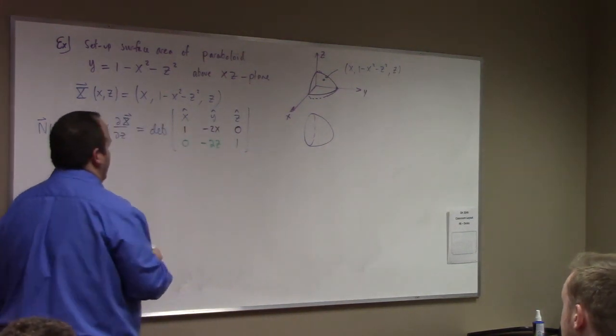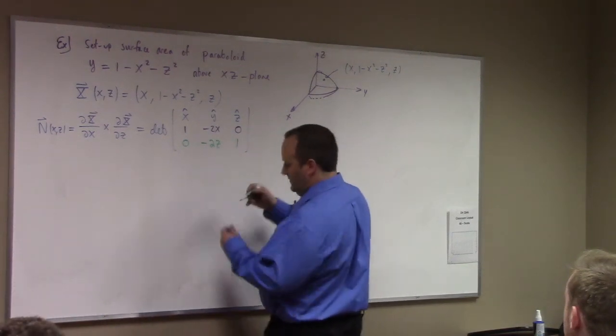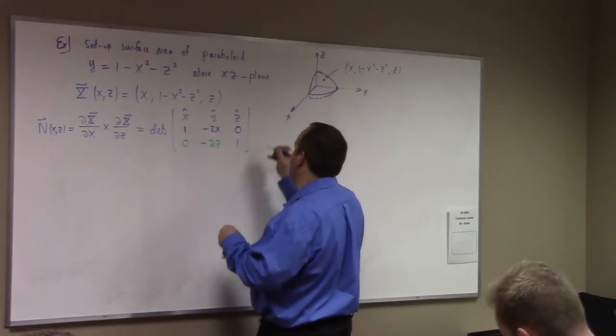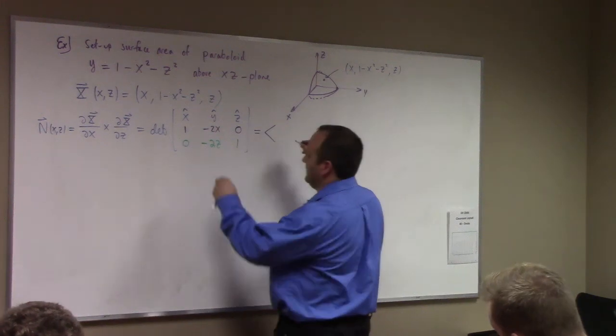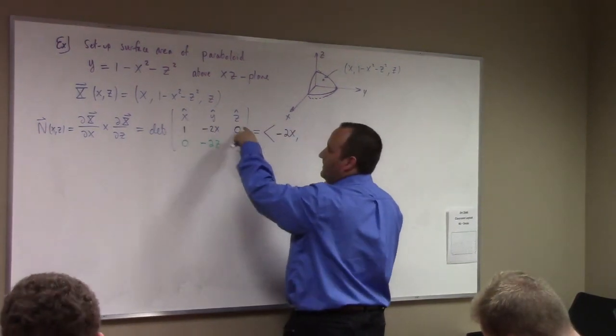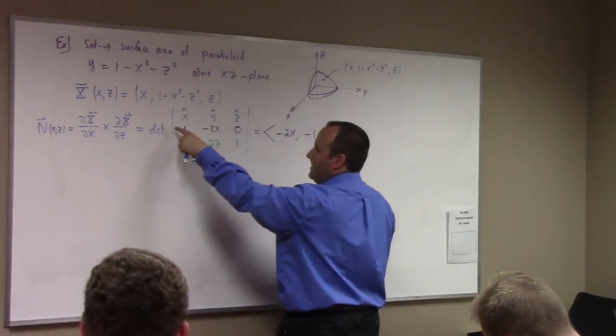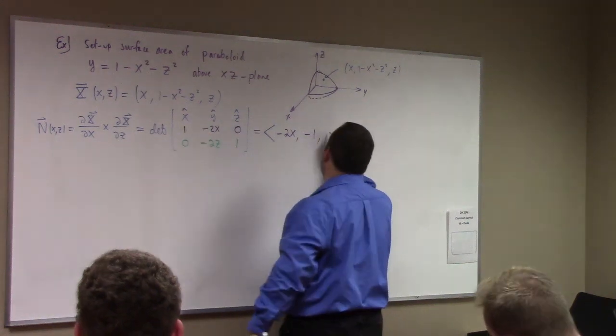And then we've got to calculate this cross product, right? So what do we got? Looks like minus 2x, minus 1, and minus 2z.